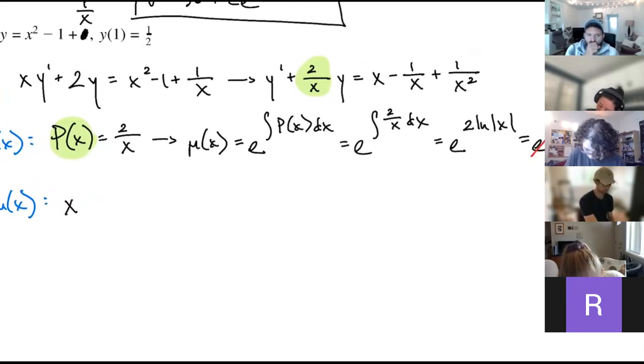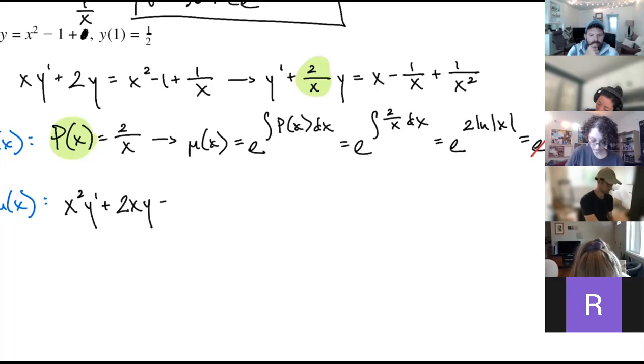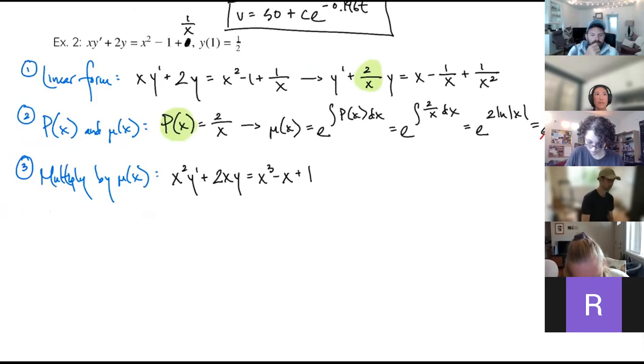So x squared y prime plus 2xy equals x cubed minus x plus 1. Let me pause there for a moment and make sure we know where all of those terms came from, and is that accurate?